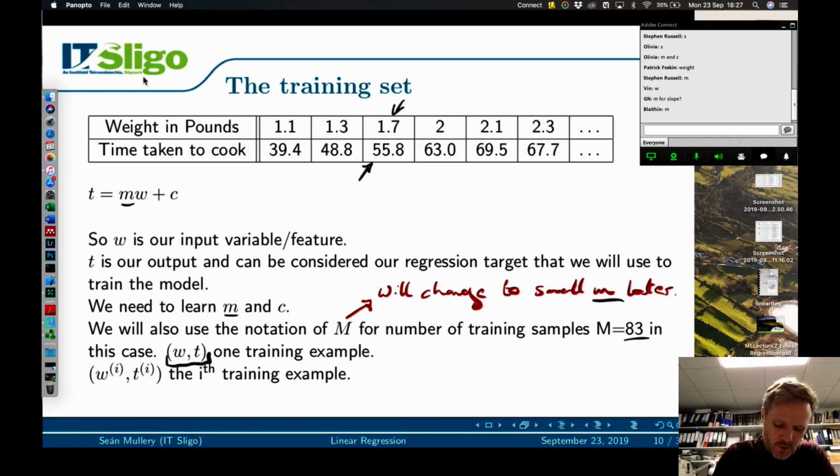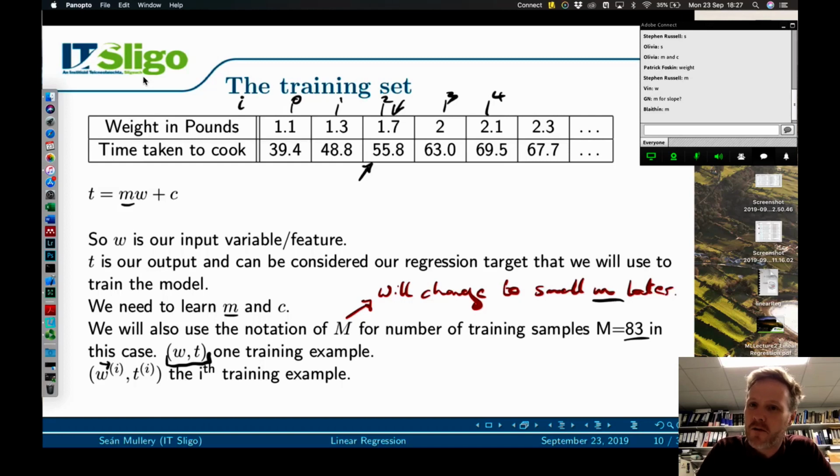So what we normally do in order to index through each one of these, let's say this is index 0, this is index 1, this is index 2, 3, 4, and so on up the way. We use the letter i to index those, but we put that up here looking like it's an exponent. That's why we put it in brackets, to give you the impression that we're not actually taking it to the power.